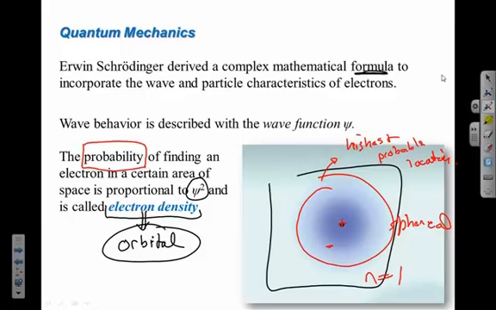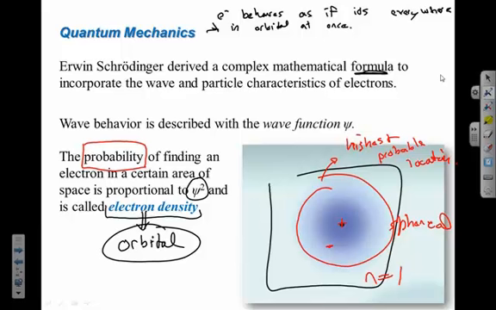So the result that we get from this is that the electron behaves as if it's everywhere in the orbital at once. And that is because it's a wave and not a particle. If it were just behaving like a particle, it wouldn't be able to exhibit the behavior it has.